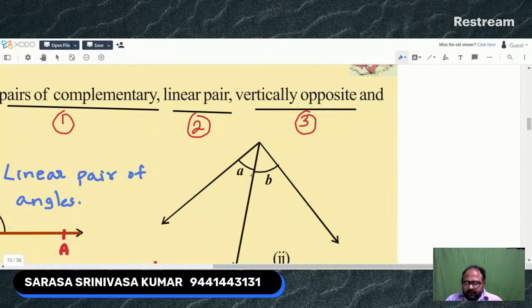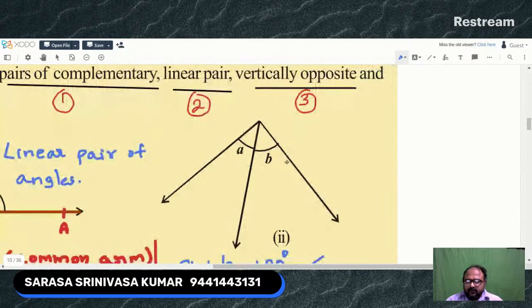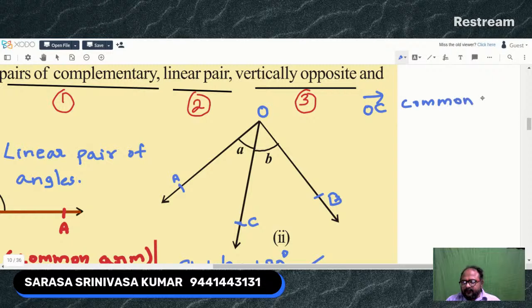Here, angle A and angle B. This is O, the point A, point B, and C. OC is a common ray.